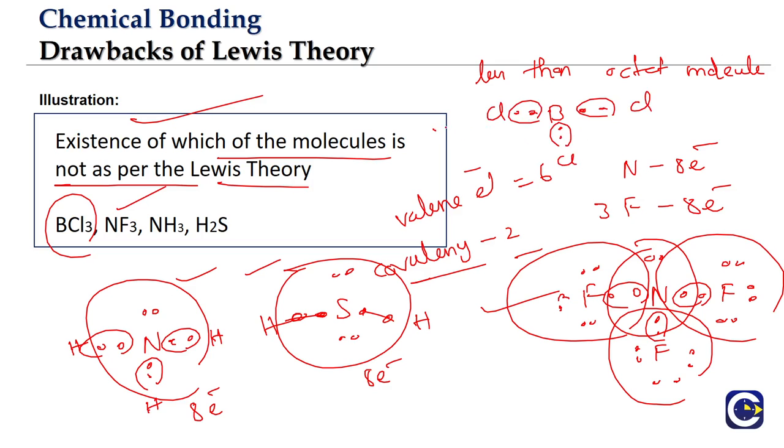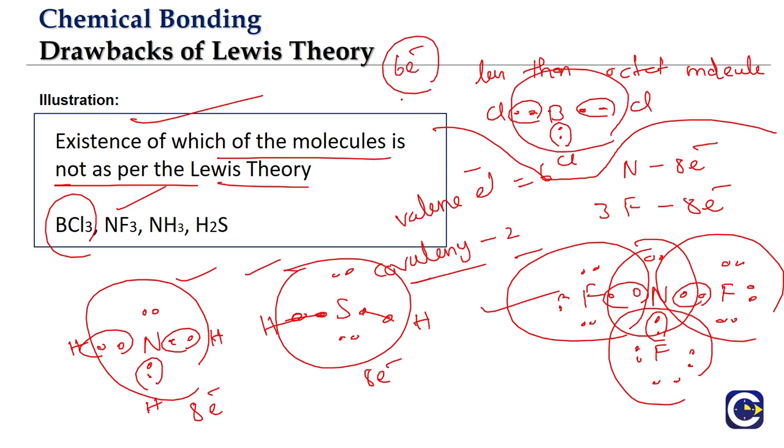By this bonding, chlorine will be able to achieve the octet, because the covalency of chlorine is 1. But what about boron? After forming the 3 bonds, it reaches only a 6-electron structure. It is less than octet. So the existence of BCl3 is not satisfactory as per the Lewis theory, because Lewis theory talks about atoms reaching the octet after the formation of bonds.